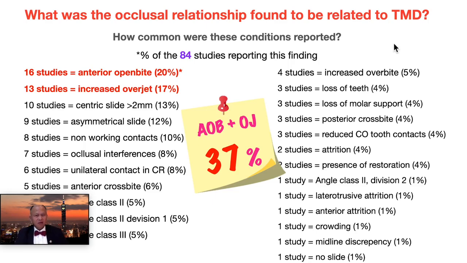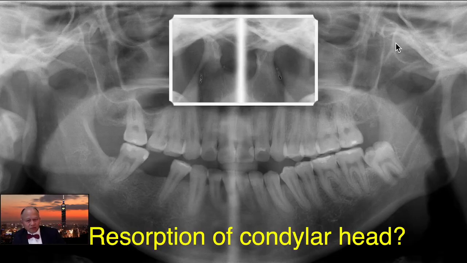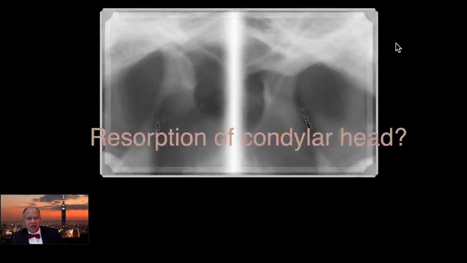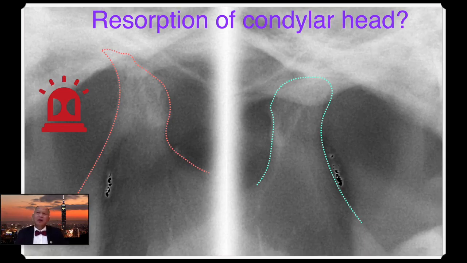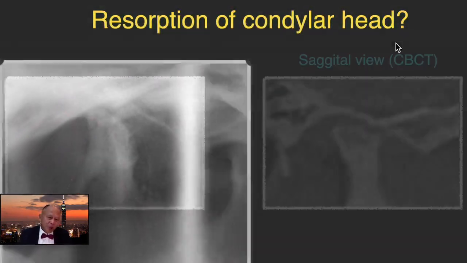Wow. So when you have anterior open bite and big overjet and condyle head resorption, you had better be careful. The resorption of the condyle is quite obvious right here. The left hand side is good, the right hand side has severe resorption. And what would you do?